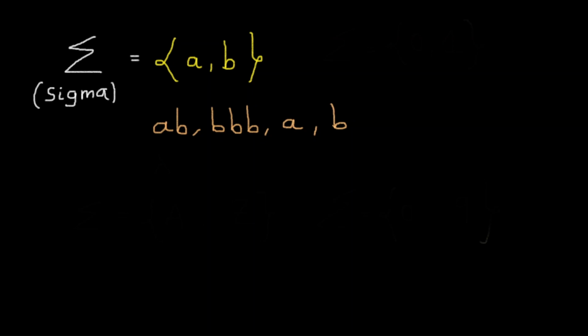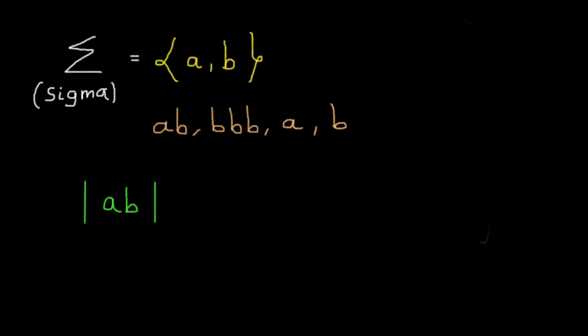In order to denote the length of a word, for instance, we want to know the cardinality or length of the word AB. Well, we represent it with these two vertical bars, with these two pipes around the word. In this case, what is the length of AB? Well, we just count the number of symbols.